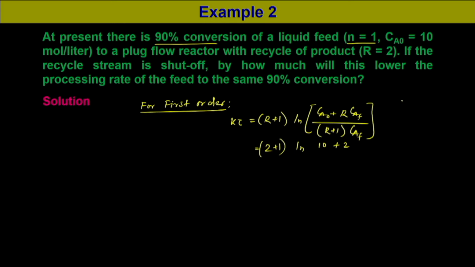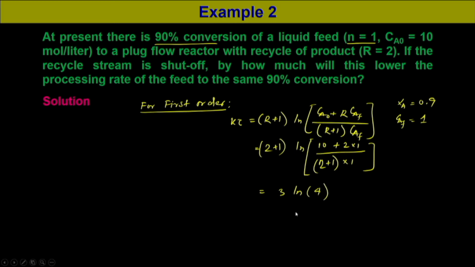So, for 90% conversion XA is equal to 0.9 as we did before, CAF would be 1. So, we can write 2 into 1 divided by 2 plus 1 into 1. So, this would give 3 ln 4. So, 12 divided by 3, so ln 4. Now, this is with recycle.